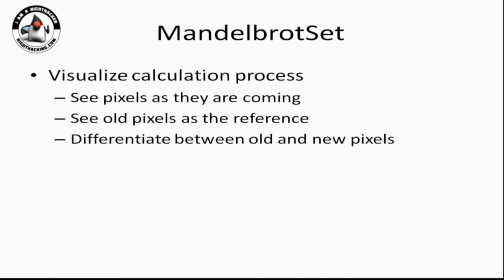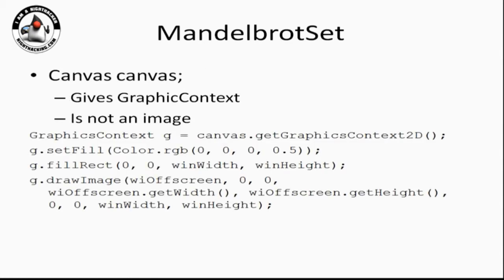We wanted to have a clear difference between all the new pixels. And how should you achieve that with JavaFX? As a main rendering surface, we use the Canvas node. Canvas node is good because it allows you to have a graphics context on it, and the graphics context object allows you to do different rendering operations.